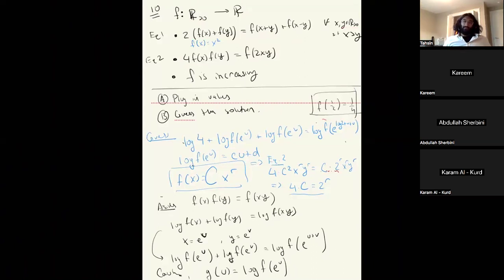So that's a good guess for what the answer is. But any idea how to actually solve this? So far we have f of 1 half equals 1/4, and we have f of x equals x squared as the guess. So any idea what we can do?